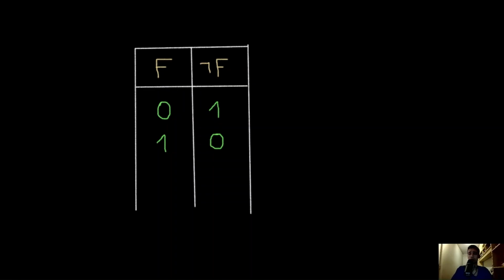As we discussed before, in the negation, what we do is invert the truth value of a given formula f. So if the formula f is false, if it is 0, then we negate and we have 1, we have true. In the same way, if the formula f was 1, if it was true, after the negation we have false, we have 0. And what is this truth table?